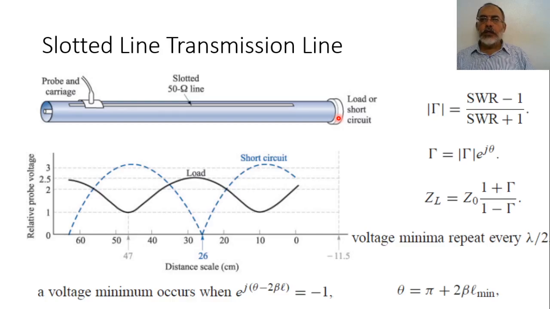In this case, the total voltage at the short circuit would be 1 plus gamma, so it would be 0. After the short circuit, it would be maximum, minimum, maximum, minimum, and so on. And the minimum here would be 1 minus the amplitude of gamma.